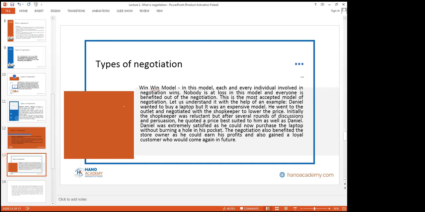So both the parties won. You can see these two parties agreed, and everybody went home as a winner of the deal.